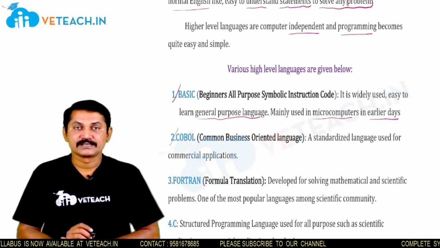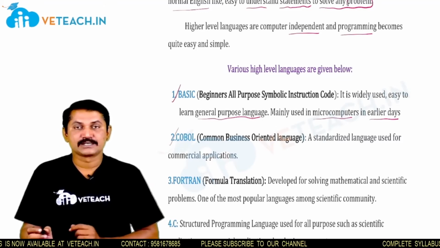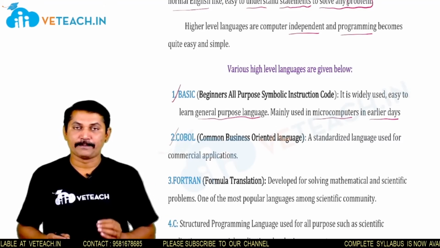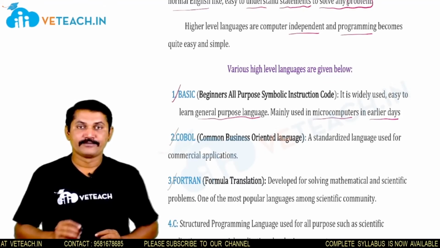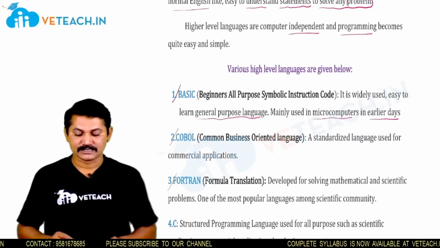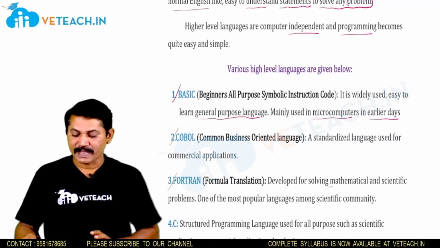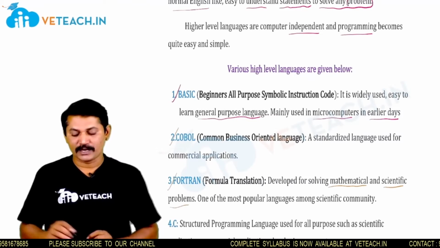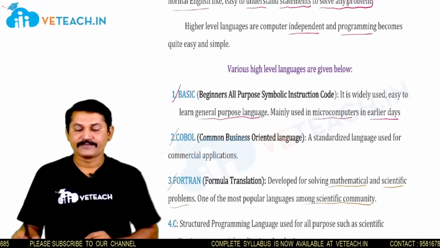Next is COBOL, Common Business Oriented Language, a standardized language used for commercial applications. Next one is Fortran, formula translation, developed for solving mathematical and scientific problems, one of the most popular languages among the scientific community.